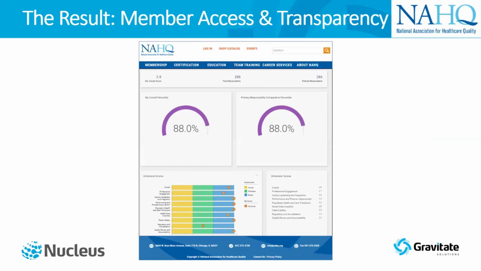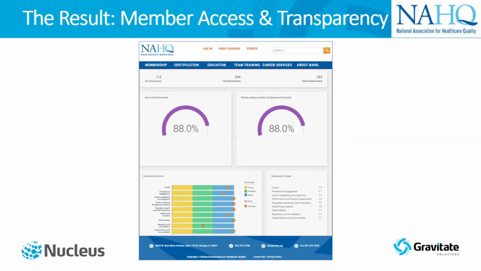So first and foremost, this gives you an example of what they see. Once a member has done the survey, they can go in and look at how they score against other respondents who've taken the survey. And then they created the dimensions of all the different areas where somebody is going to be a professional in their area.